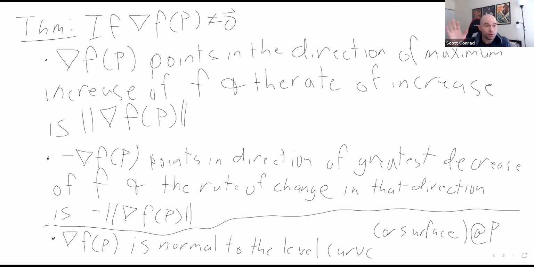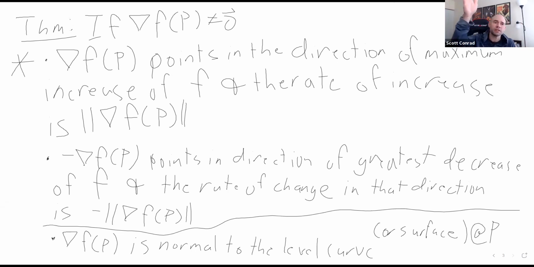Okay, so the big take home is this first guy here, and the second guy is kind of like the opposite of that. But basically, if we look at the directional derivative, we're at a point, and we look at all possible directions we can go in, and we want to know which direction to go in to maximize the rate of increase of our function.